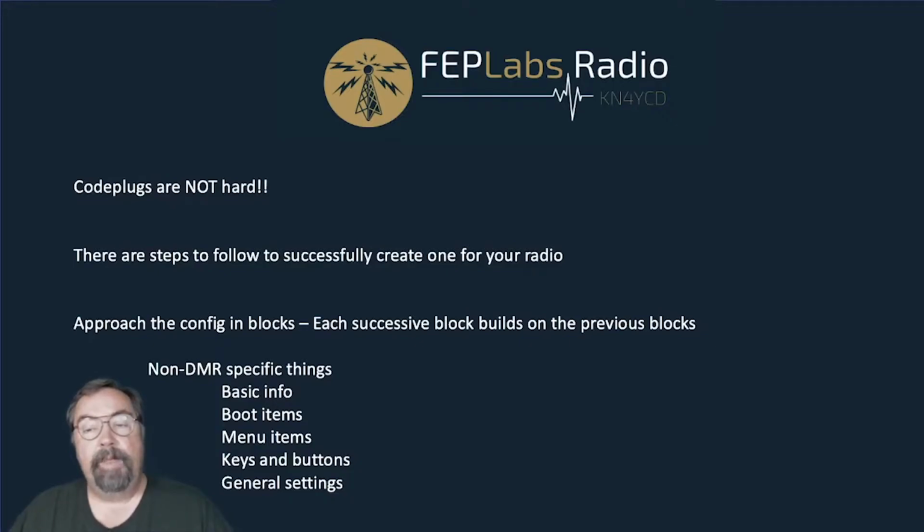So the first thing is the non-DMR specific items, and this is your basic info for the radio, boot menu items, whether there's a picture or your call sign shown when the radio boots up. Menu items, what menu items are available, can you do this or that, all this kind of stuff.